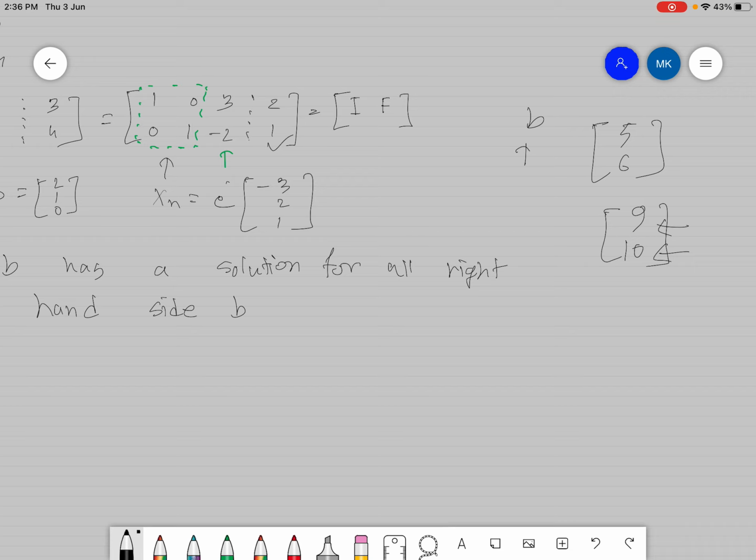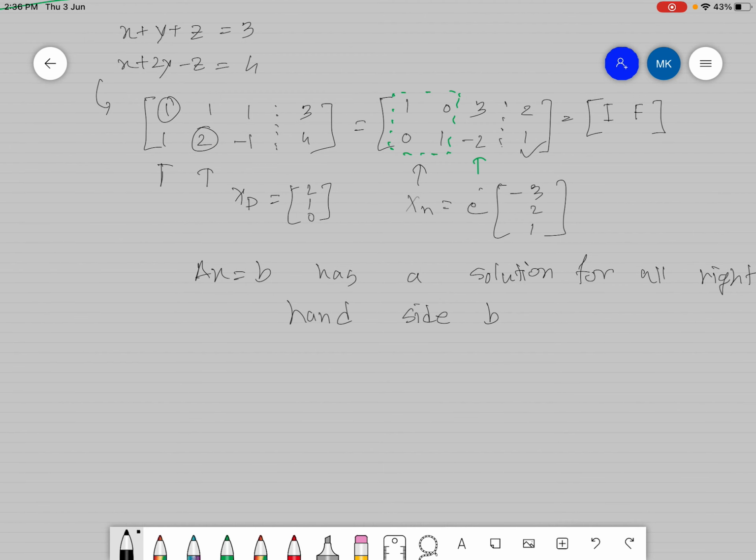Which we saw in the first example, that b3 had to be equal to b2 plus b1 to be solved. Okay, so there is no solvability condition in this case, so there would be a solution for every right hand side b. I hope I could make this point clear.